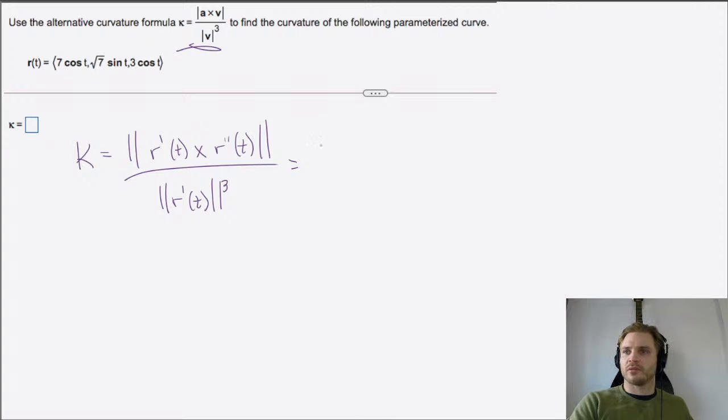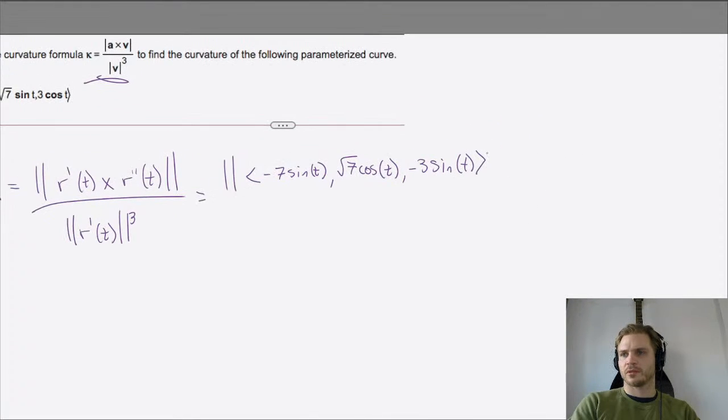So the first derivative is going to be negative 7 sine of t, root 7 cosine t, and negative 3 sine t. Okay, that's the first derivative. Then we need to cross that with the second derivative, which I'll just calculate based off that.